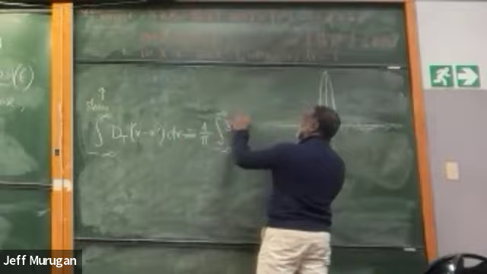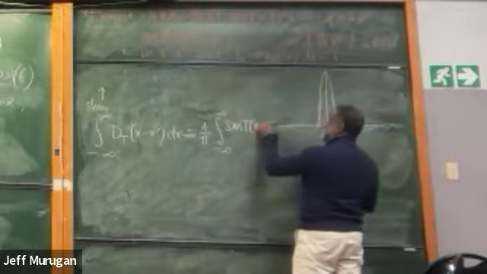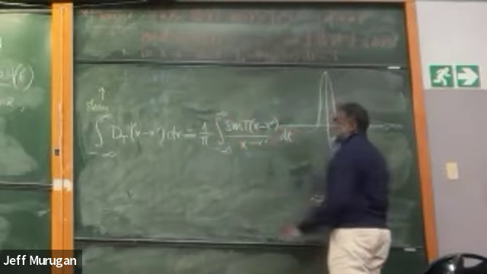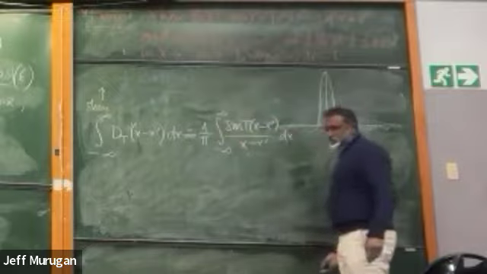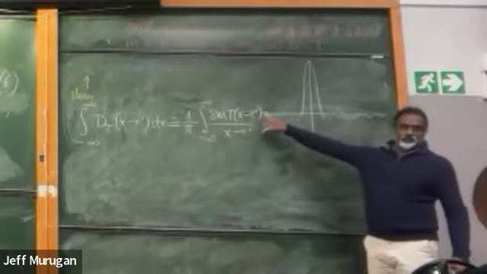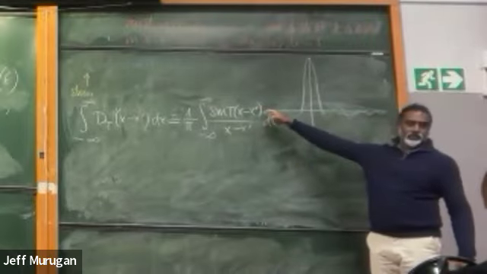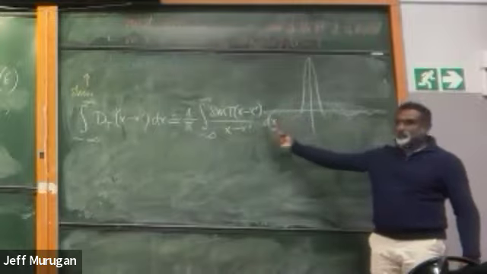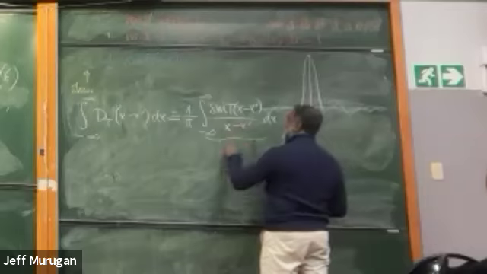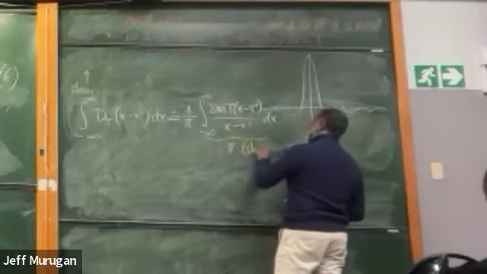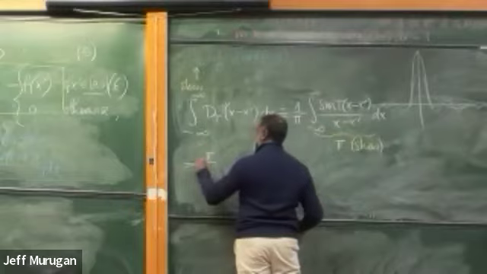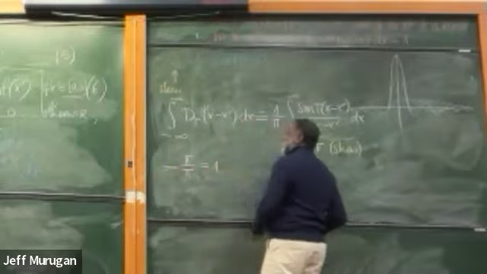Sine t(x minus x prime) over (x minus x prime) dx. And it's also an elementary result that the integral from minus infinity to infinity of sine x over x is pi. Then show that. So this is basically just pi over pi, which is 1.